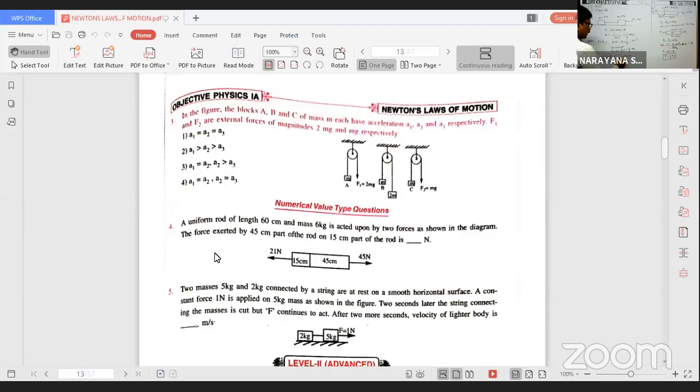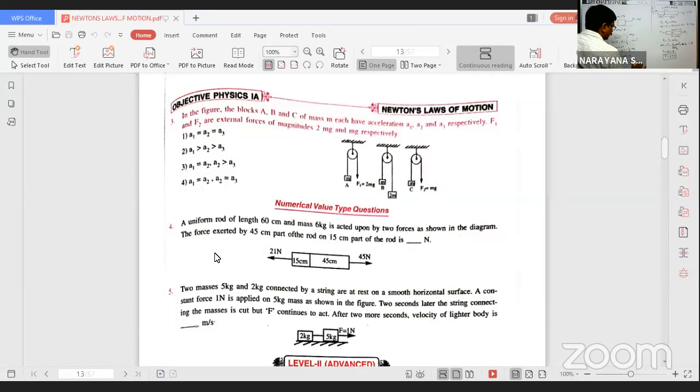But what about the velocity of this body after 2 more seconds? For M2, we have to find the velocity after 2 seconds. Initial velocity is, at the instant the string is cut, the velocity of this block, the same as the other, 2/7, plus acceleration into time. What is the acceleration? Whenever the string is cut, this force acts only on this mass. That's why acceleration is force by mass M2.